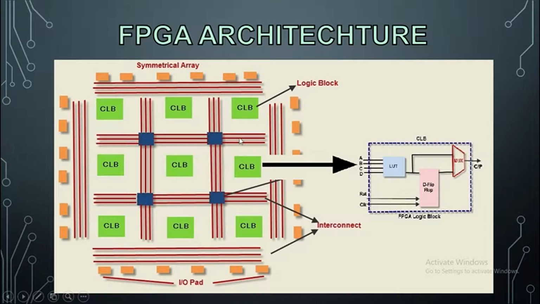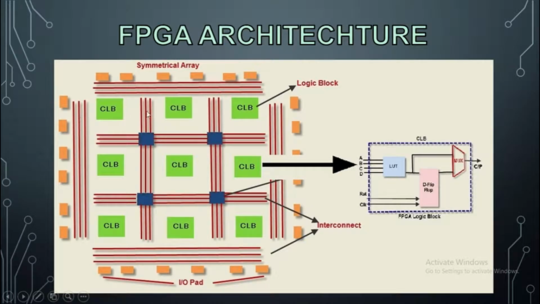So these are the CLBs, and if we talk about programmable interconnects, they are used to connect various CLBs together. If you have a very complex digital circuit, then obviously it will require several CLBs connected together.